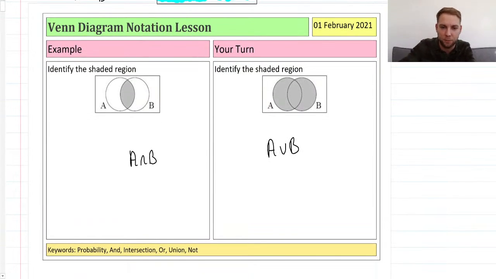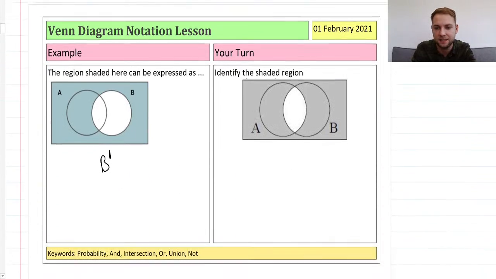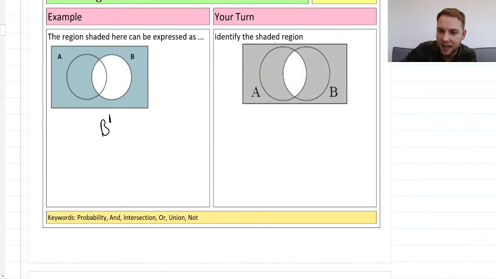A and B is that middle part, which is this part here. But we want everything which is not in there. And the way that we describe this is it's A and B, but everything which is not in here. Everything which is not in A and B. You might want to get that one down.